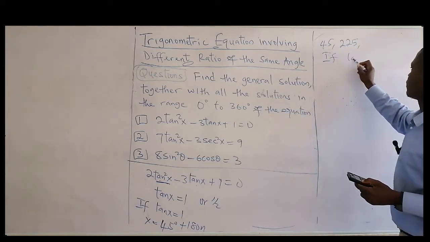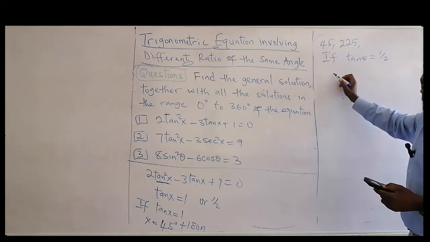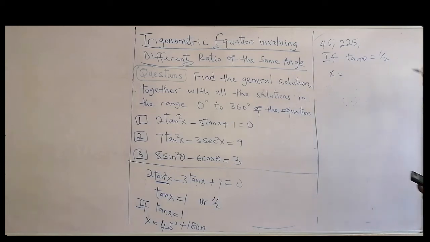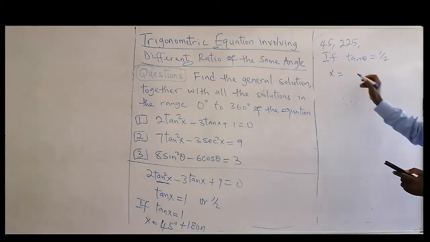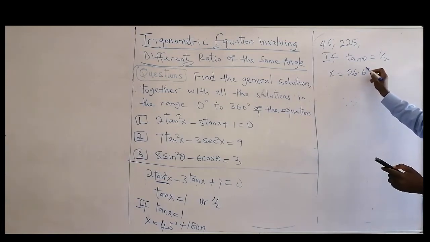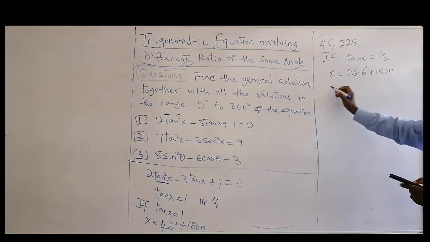If tan x is half, what will be the general solution? x equal to arctan half, which is 26.6 degrees, plus 180n. Then we can get the solutions. When n is 0, we have 26.6.